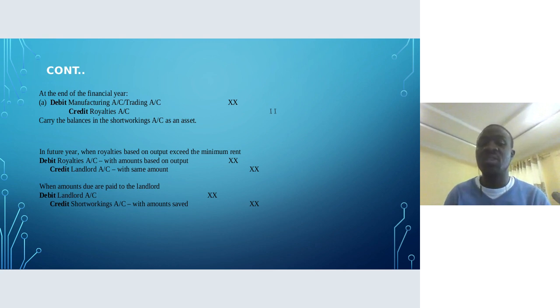So the difference between the minimum rent and the output is what we have as short workings. Then the other column will be short workings recoupable or recoverable. Then the next column will be short workings irrecoverable, if there is any. And lastly, the royalty payable to the landlord. So that is what you prepare first, the analytical table.